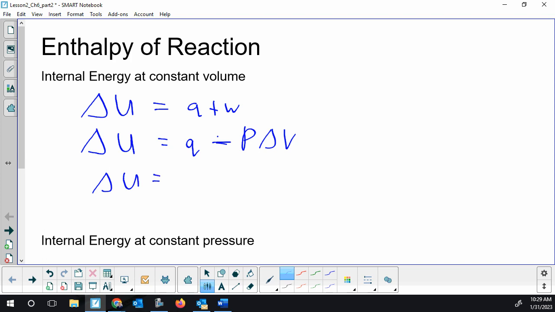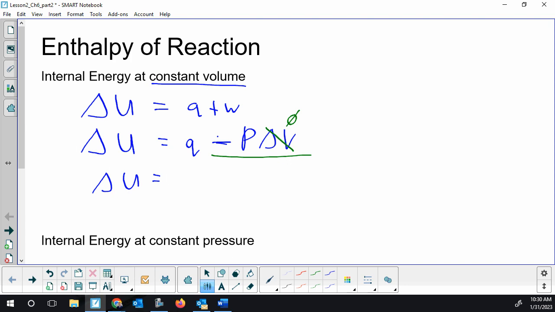If we're under constant volume, so we're in a rigid container, volume can't change. Volume is now a constant. So delta V is now 0 under these conditions. So this whole term is also 0.